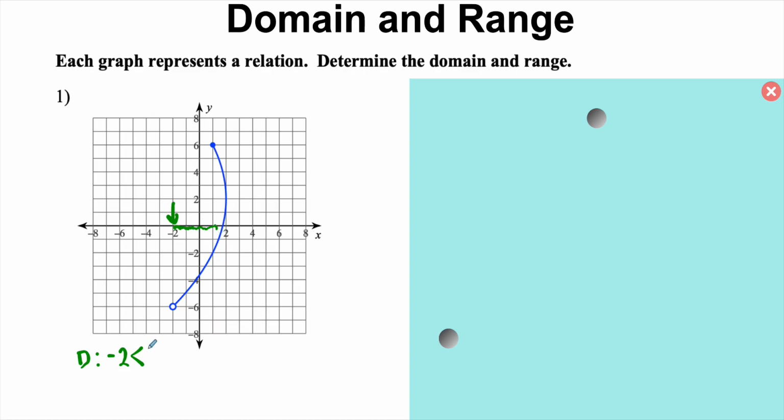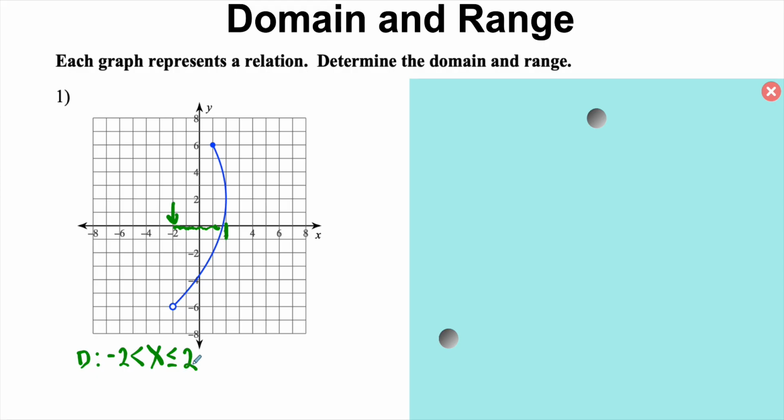Okay, so that's why we're gonna put x right there. And see how it goes all the way to +2. Now, because it's solid, you're going to write down less than or equal to +2. So that's the domain. -2 less than x less than or equal to 2.